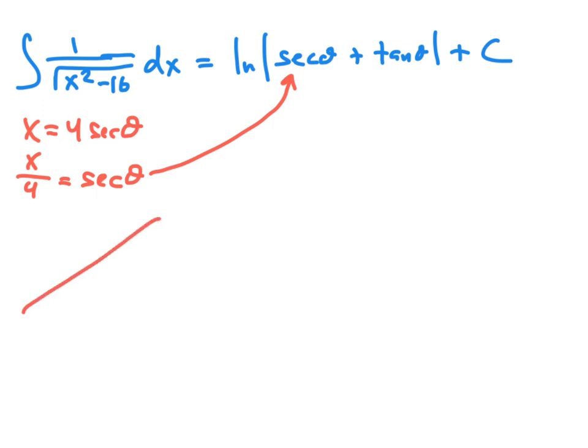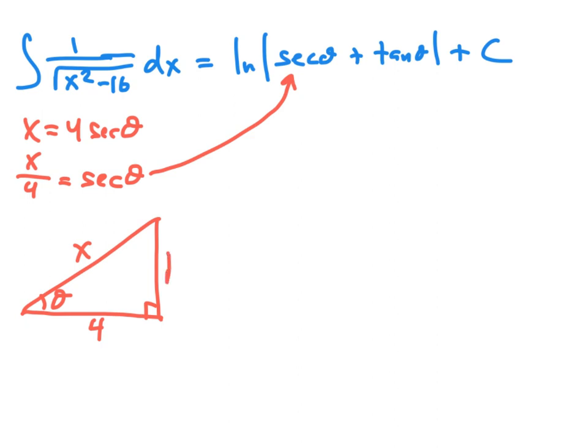Again, we have this right triangle here and an angle theta as one of its angles. And we're going to use that the secant is x over 4. Well, the secant of an angle is the hypotenuse over the adjacent side. Alternatively, you can think of the secant as the reciprocal of cosine. So the cosine would be 4 over x. And so the 4 would be the adjacent side and the x would be the hypotenuse. In any case, we would end up with the triangle here.